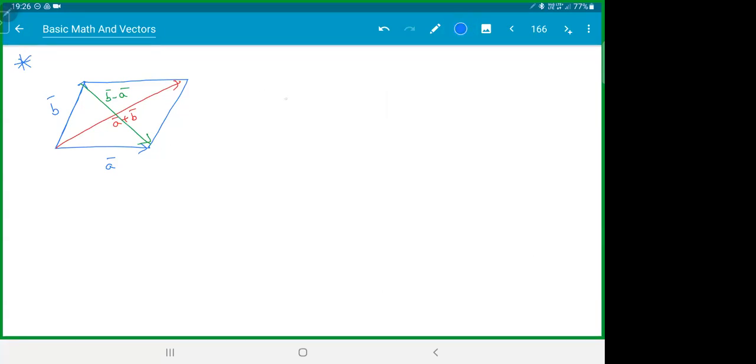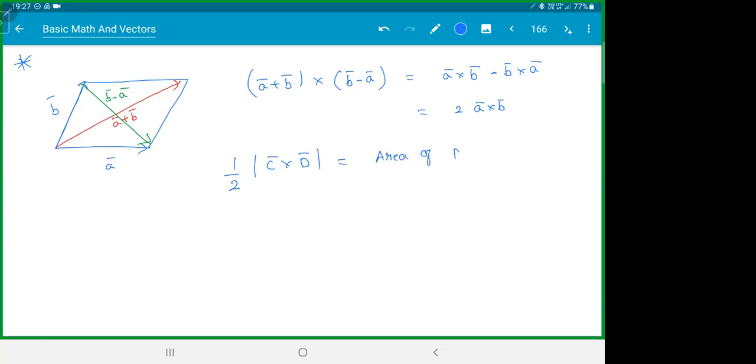And if you take the diagonals, half of A plus B cross B minus A turns out to be A cross B. A cross A is 0, and minus B cross A will be 2 times A cross B actually. So half of the cross product of the diagonals, C bar cross D bar, will give you the area of the parallelogram, where C bar and D bar are the diagonal vectors of the parallelogram.